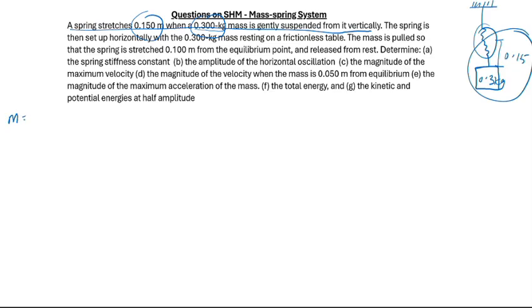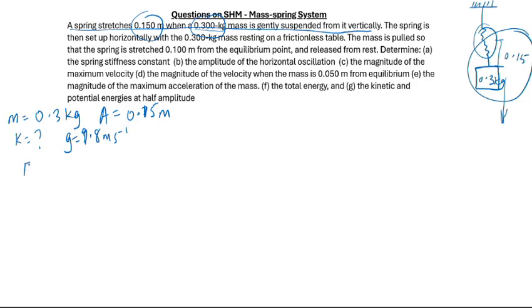The mass given to us is 0.3 kg, and our amplitude, which is our x, is equal to 0.15 meter. Now, the spring constant k is what we are looking for, and don't forget that when we hang this thing, the only force that is responsible here is the force due to gravity. It is pulling it down. Then our gravitational g will be equal to 9.8 meters per second squared.